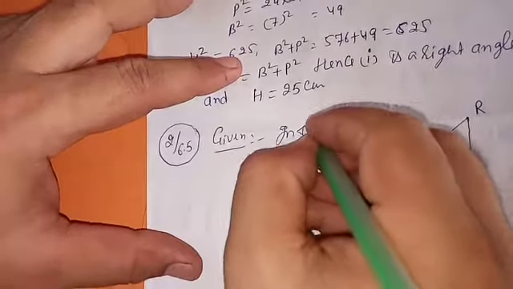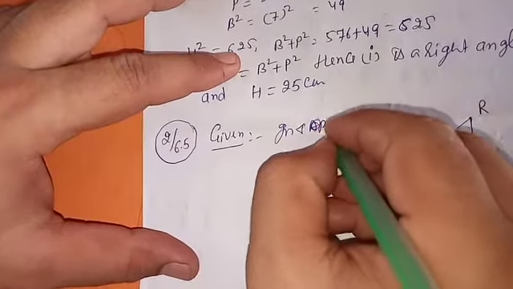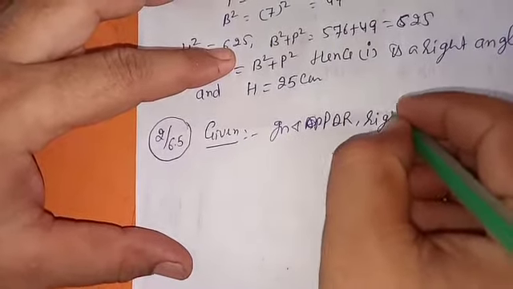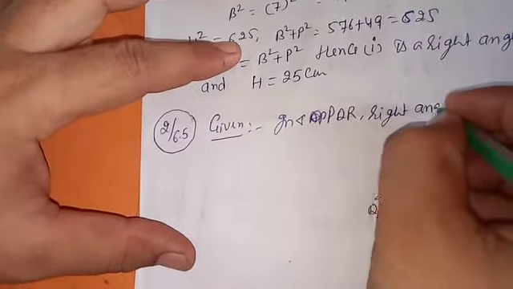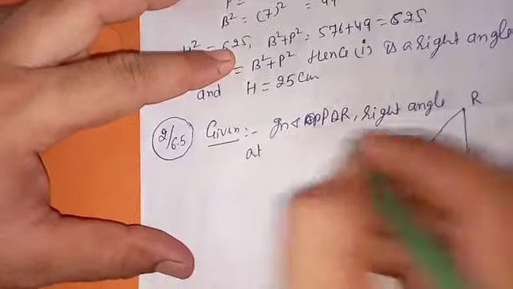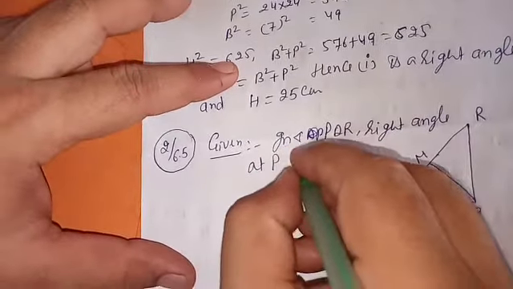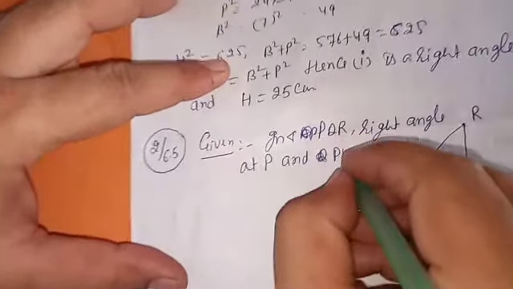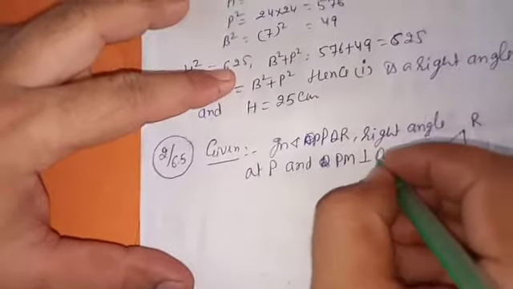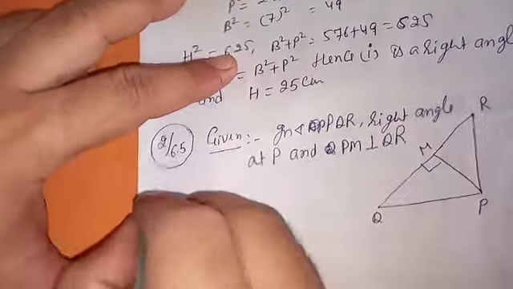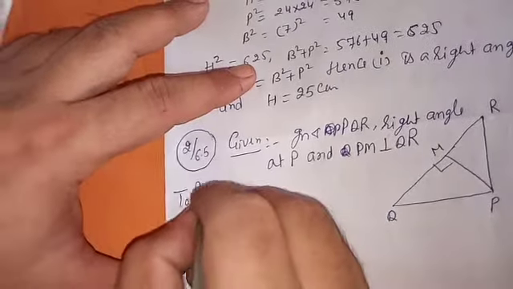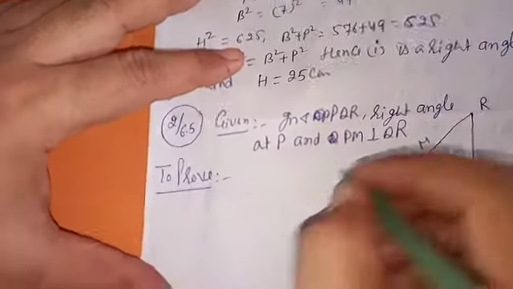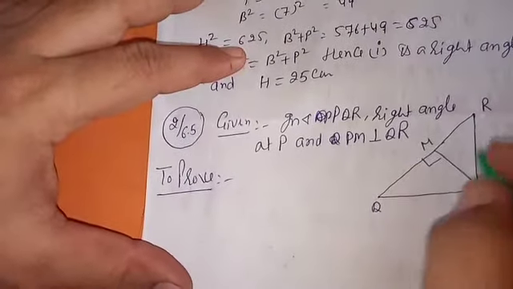In triangle PQR, right angle at P, and PM is perpendicular on QR. Then to prove.